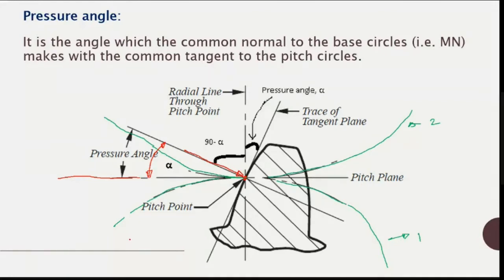Can you get it? That is where the pressure is applied, so that's why we call it the pressure angle. Usually we call it phi or alpha. So can you understand pressure angle?